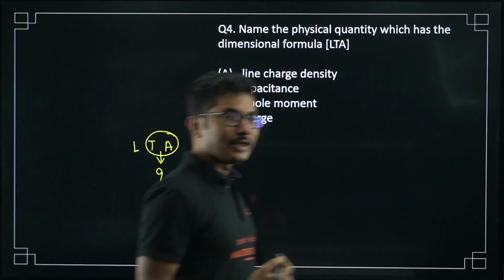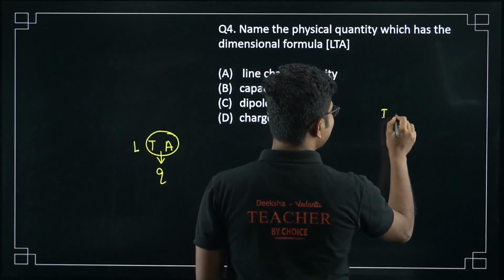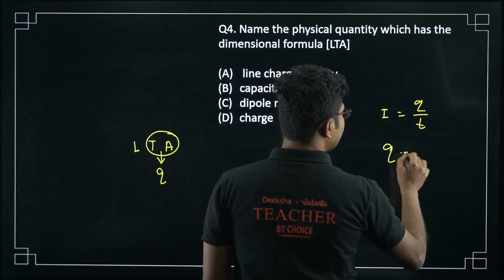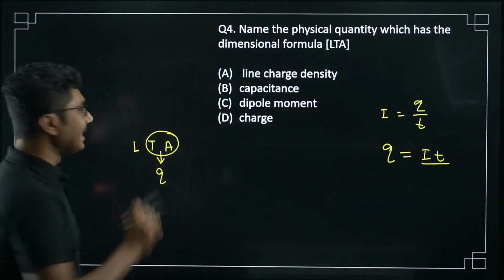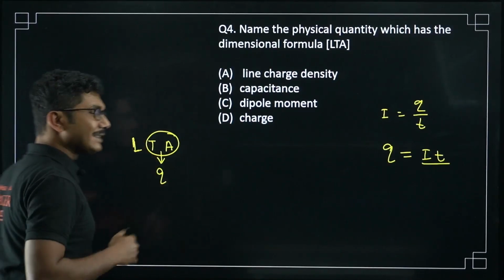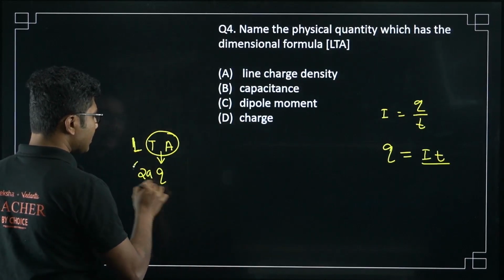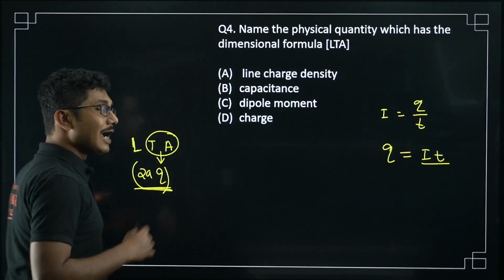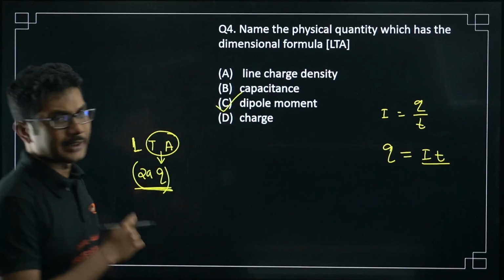Current is basically Q divided by time, so charge is basically current into time. So its dimension is T into A. L represents distance. So if you multiply distance with a charge, you get a quantity which is basically dipole moment. So this is a unit of dipole moment.